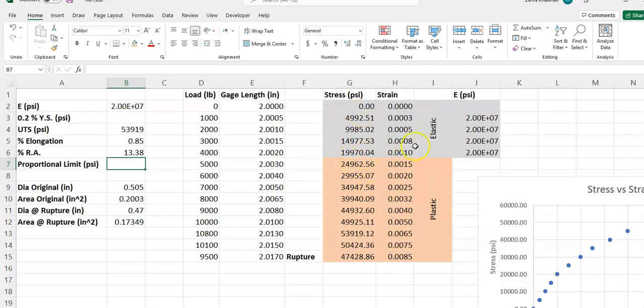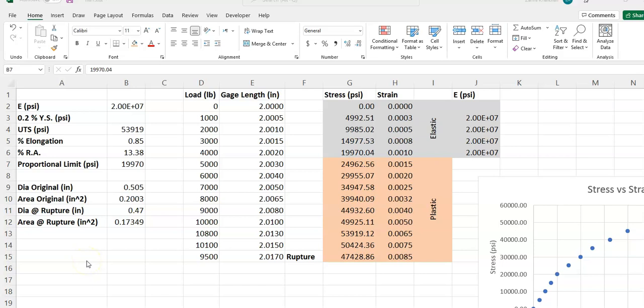So the transition from elastic to plastic, that would be the proportional limit. So I'm going to add this number here, 19,970.04, enter. So 19,970 psi is the proportional limit for this sample.